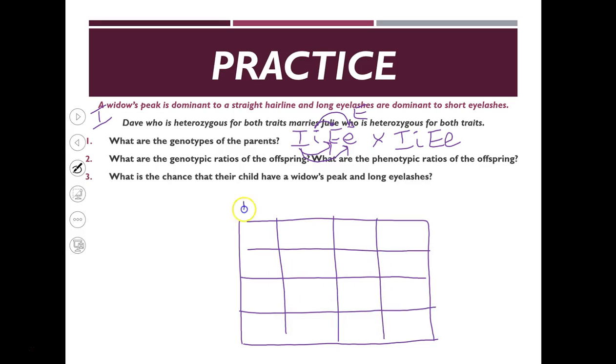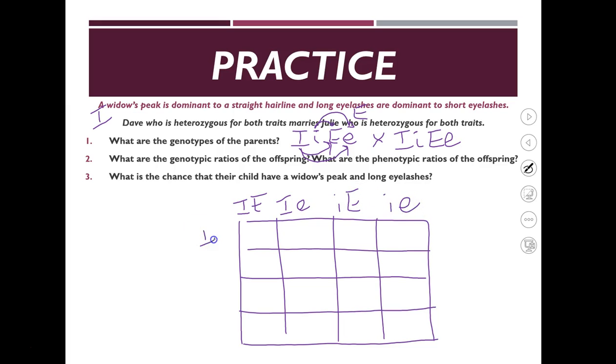All right, so they both are going to give the same alleles. And if I were you, I'd pause it here and then give yourself a minute to fill this out and then check your work with what I have.